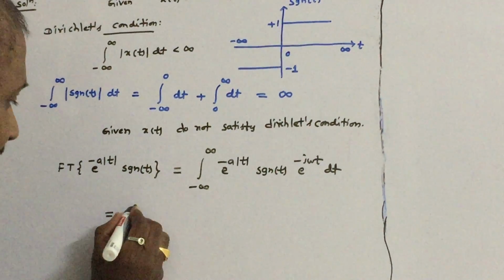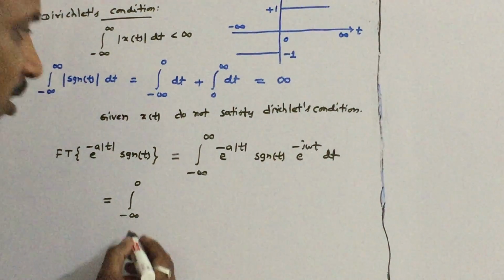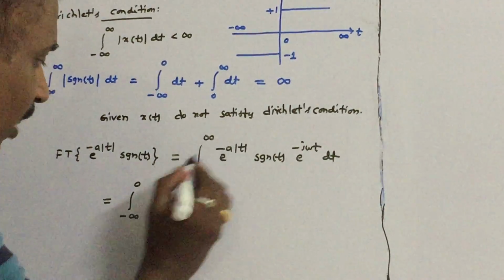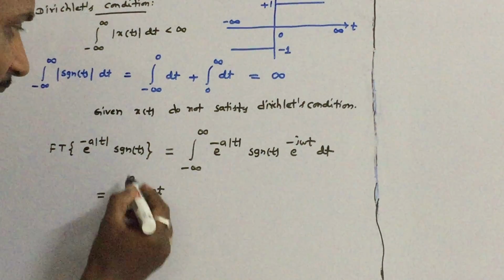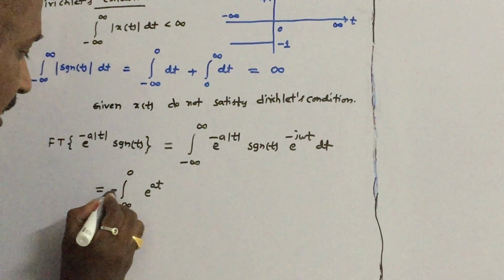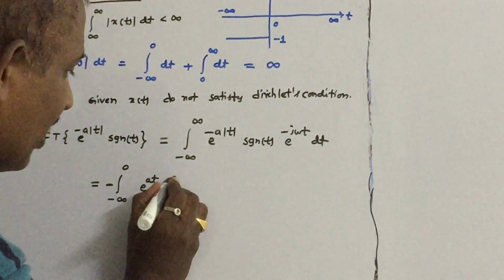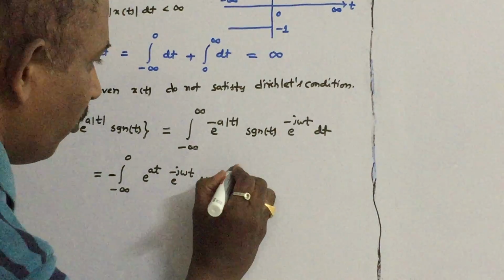So let us separate the integral from minus infinity to 0. In this interval, mod t is minus t, so it will become e power a t, and signum of t value is minus 1, so write the minus outside, times e power minus j omega t dt, plus integral from 0 to infinity.